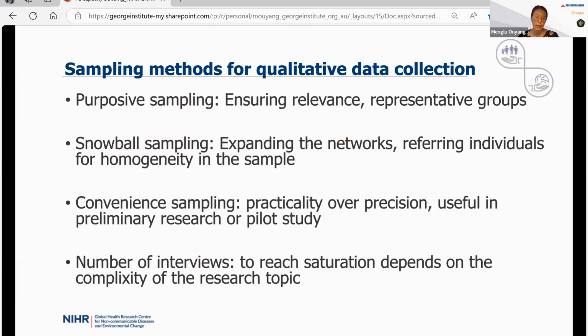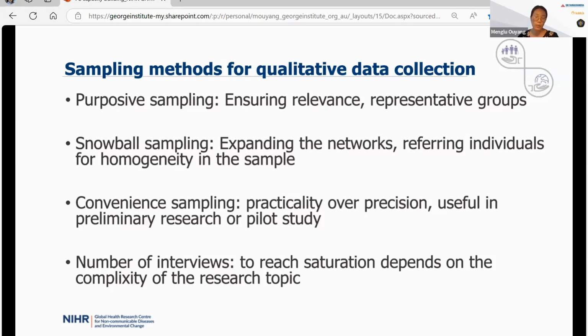But usually in the process evaluation, when we collect the qualitative data, we usually use purposive sampling because it can help us to ensure the relevance and also to make sure the participants are representative of the program population or our study population.